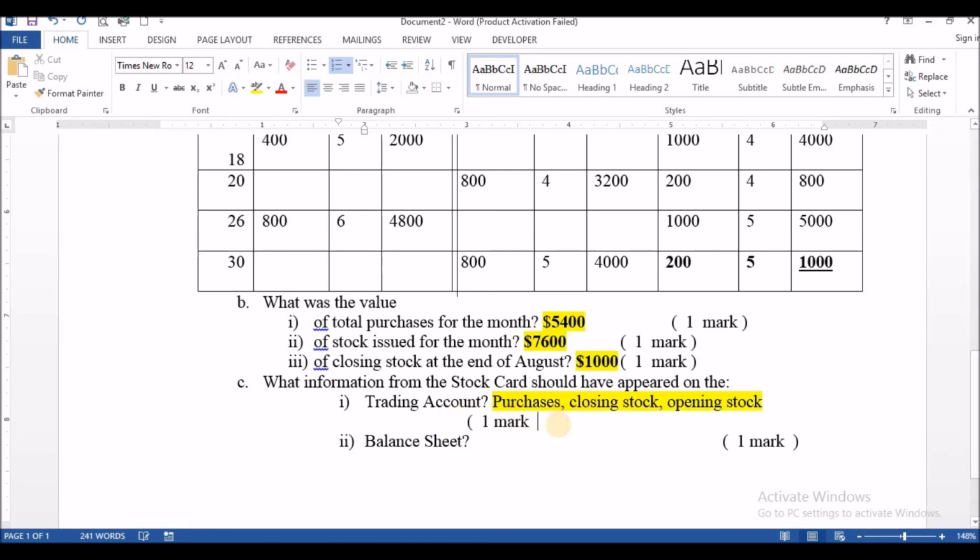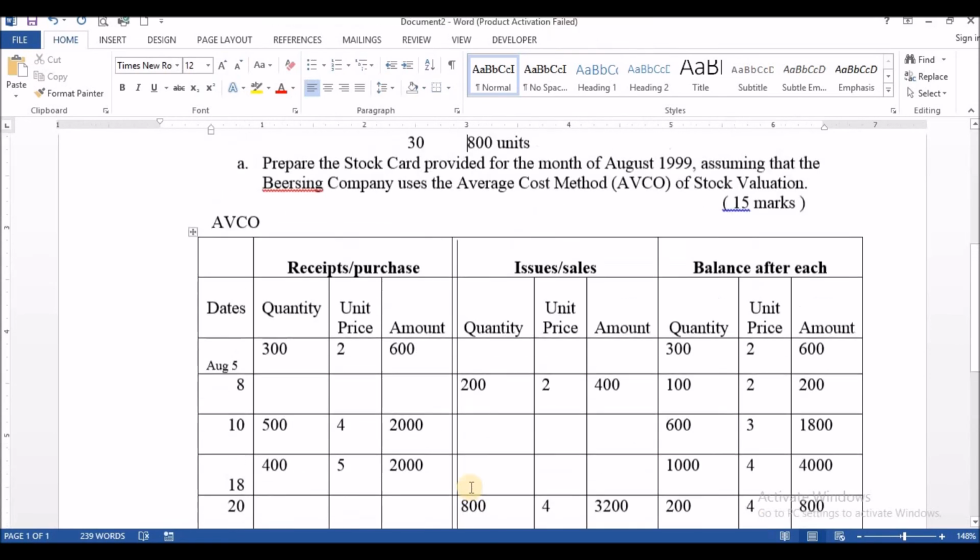Alright, and then it also asks which information would appear on your balance sheet, and that's definitely your closing stock. Yeah, and that will be it for stock valuation.